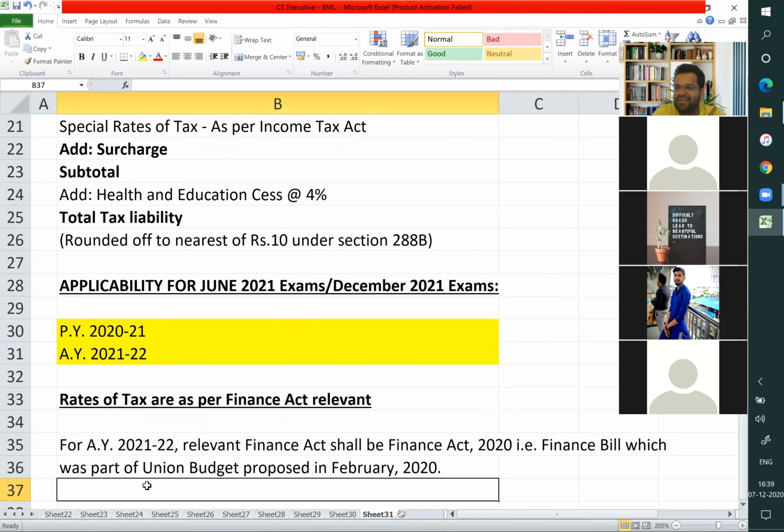Is the point clear? Now, please listen properly. That's why we said one of the important sources of Income Tax Act is Finance Act. Now, do you understand why we said that?